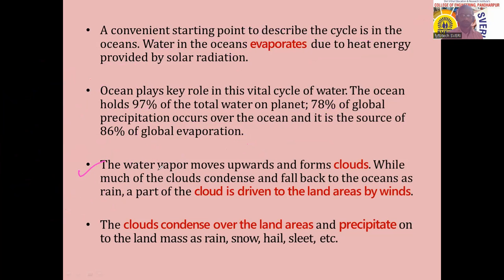Next, the water vapor moves upwards and forms the clouds. Much of the clouds condense and fall back to the ocean. Whatever ocean water is evaporated forms a cloud. After cloud condensation, that will become rainwater, and again that will come to the ocean.